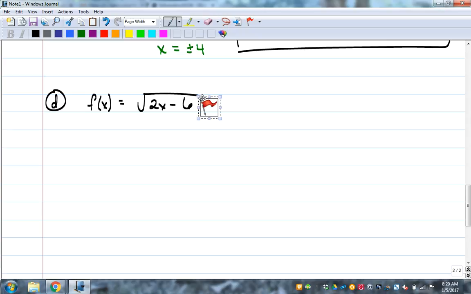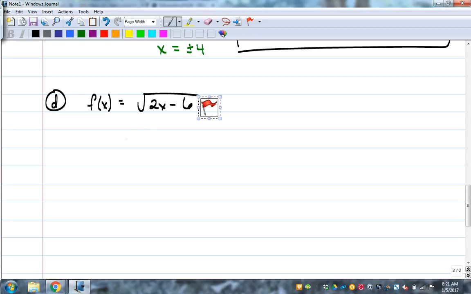Positive only? Or is there something else included? Positive only would be like 1, 2, and so on. We can also take the square root of 0, can't we? But we can't take the square root of a negative number. So we need what's under the square root to be 0 or bigger.